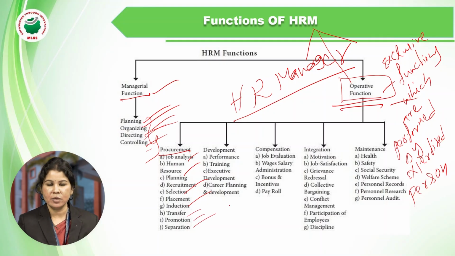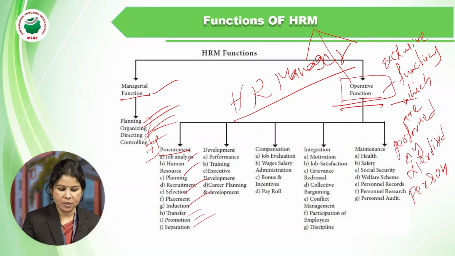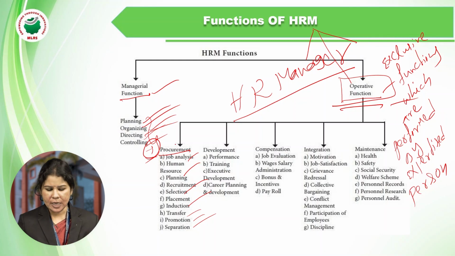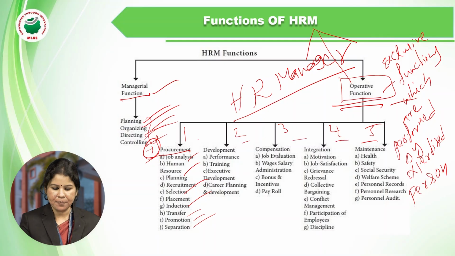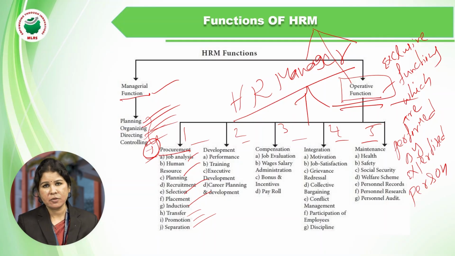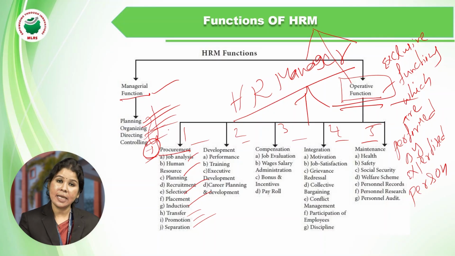All these we have in the first function, called procurement. These functions, 1, 2, 3, 4, 5, are exclusively performed by the HR manager. The functions performed by the financial manager will be different, but the managerial functions are performed by every manager. I think I am clear.